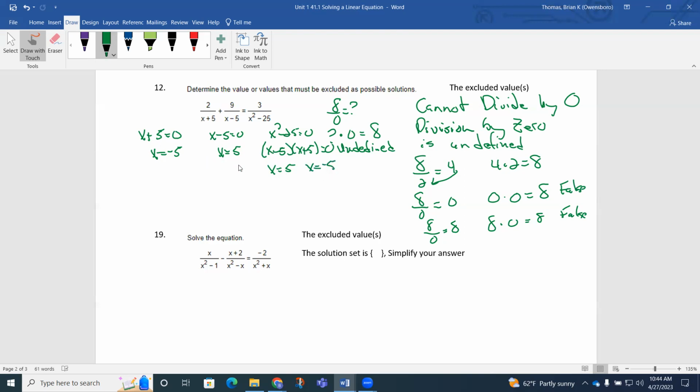So notice that there's two exclusions. We're going to exclude those two values. So we're going to exclude negative 5 and also 5. Those will be our exclusions. Those are going to be the excluded values. So the excluded values are negative 5 and 5.